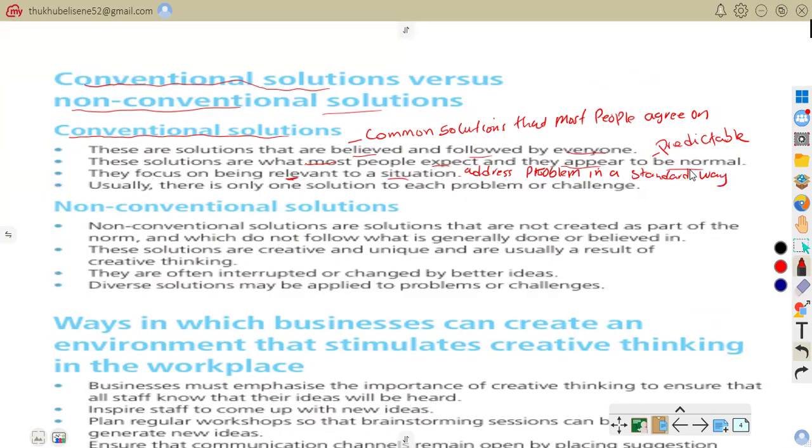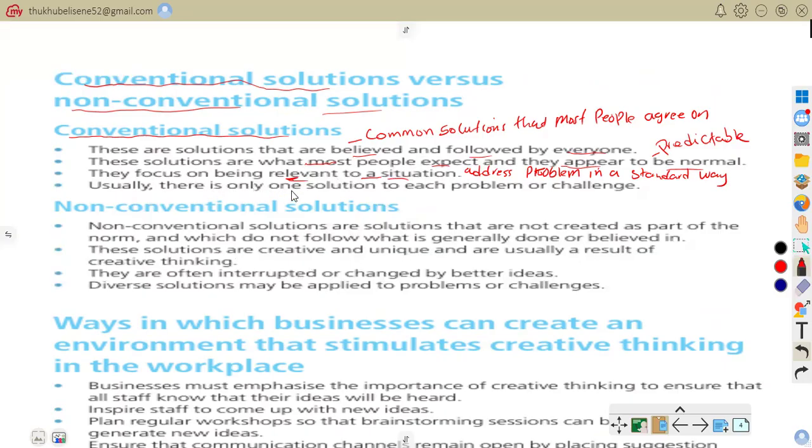For example, hiring more staff when business is busy. They're focusing on being relevant to a situation. Your business is in a situation whereby it is busy, during December time, so you're going to hire more people because it's busy. That is why we are saying they are relevant to the situation of you being in a busy season. So now let's move on.